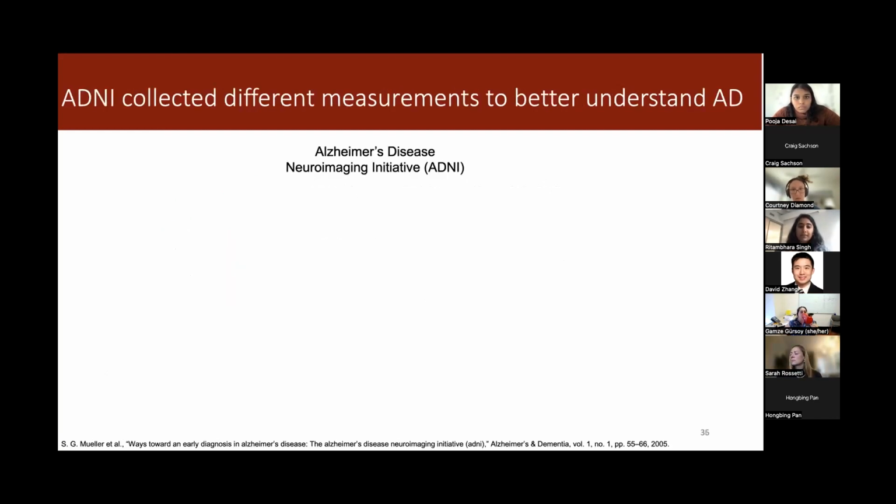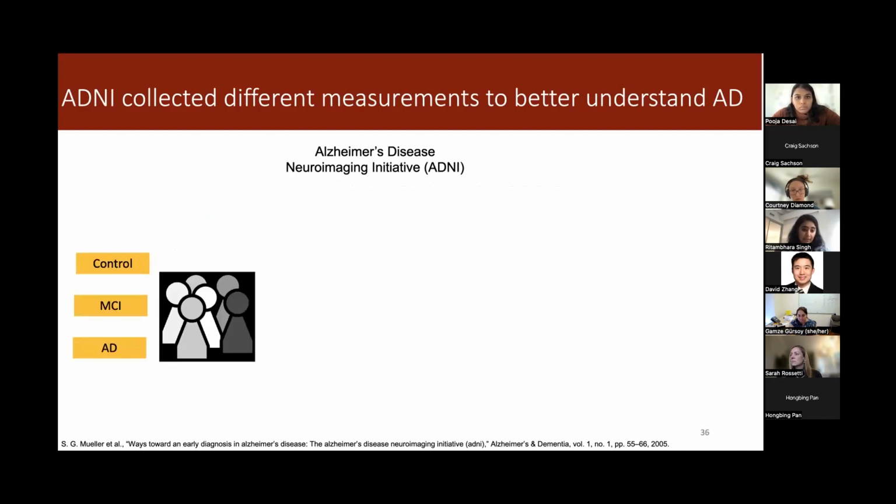So given the complexity of the disease, for the past two decades, the Alzheimer's Disease Neuroimaging Initiative has collected a lot of different types of data sets across different patient populations. So we have the control set, but also patients who have been diagnosed in the MCI category and those who have been diagnosed with Alzheimer's. And because what we have seen is that just clinical data is not sufficient, they have collected imaging data.